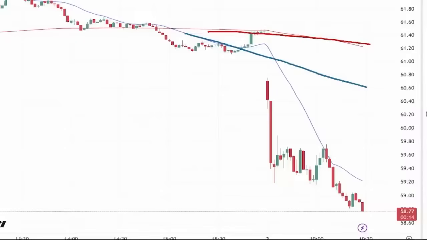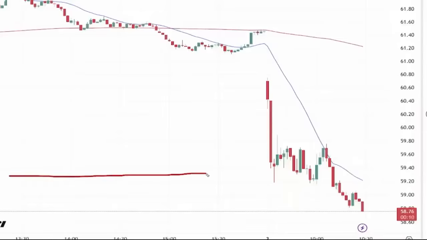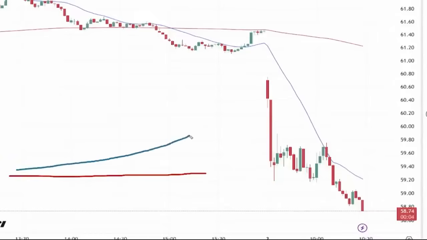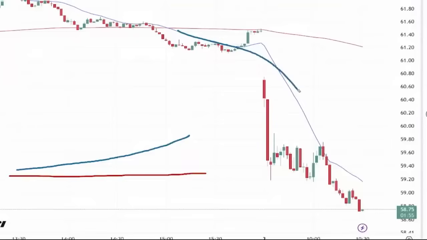But when you've got the reverse, when you've got the 200 beneath you and the 20 period moving average drifting higher above it, that is the bull picture of power. So you've got this bear picture of power, and you've got this bull picture of power. It's extraordinarily important to understand what picture you're dealing with.